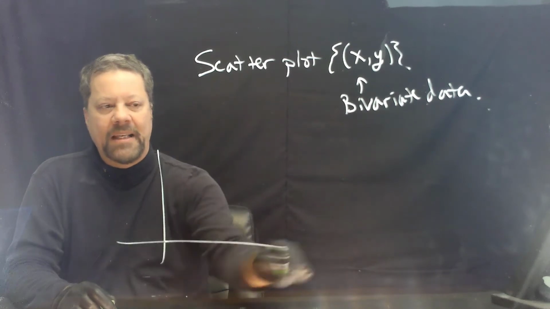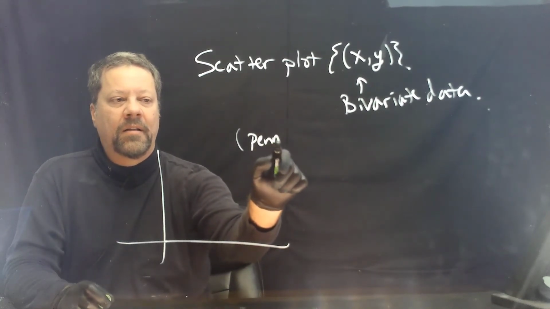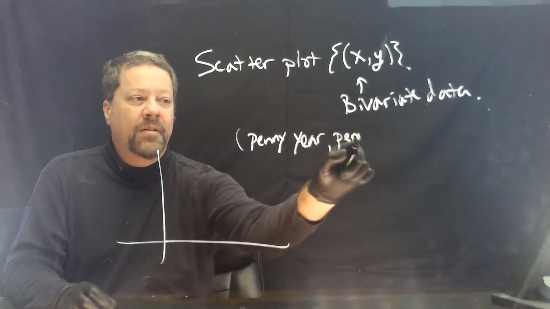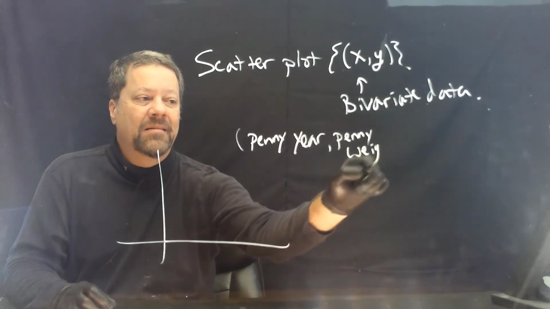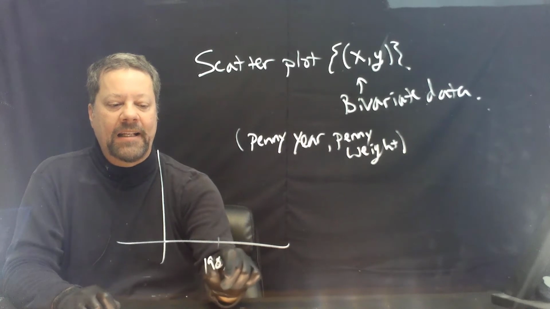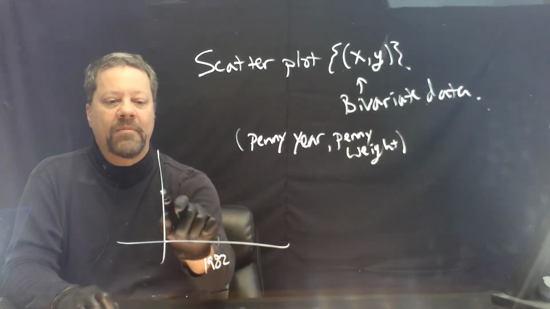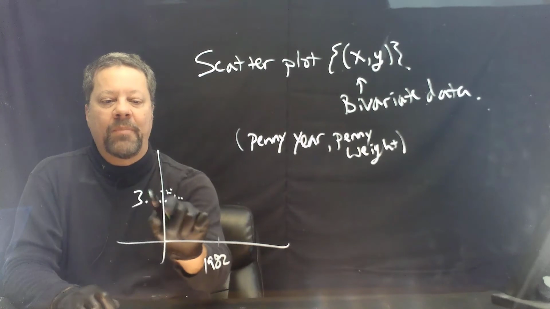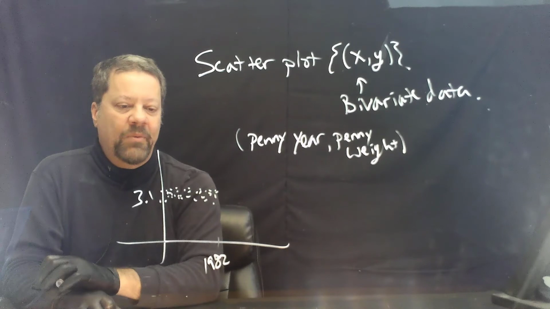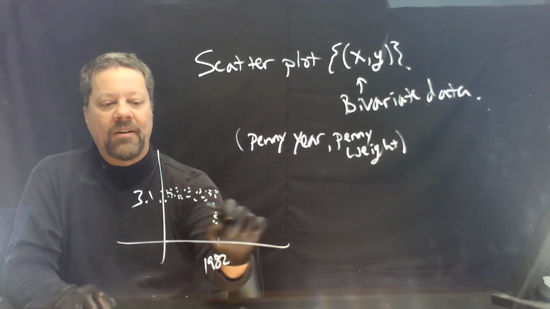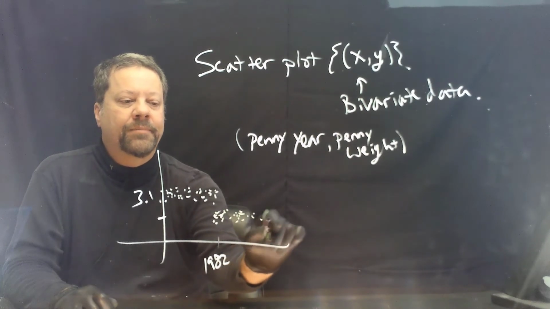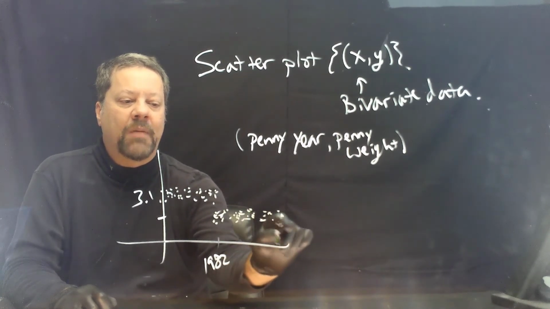Another example might be penny year versus penny weight. It turns out there was a break at about 1982, where before then pennies generally weighed about 3.1 grams, and so you had penny weights that looked like this, and suddenly they jumped down to a lower penny weight because they started making them out of zinc with a thin veneer of copper over the top.